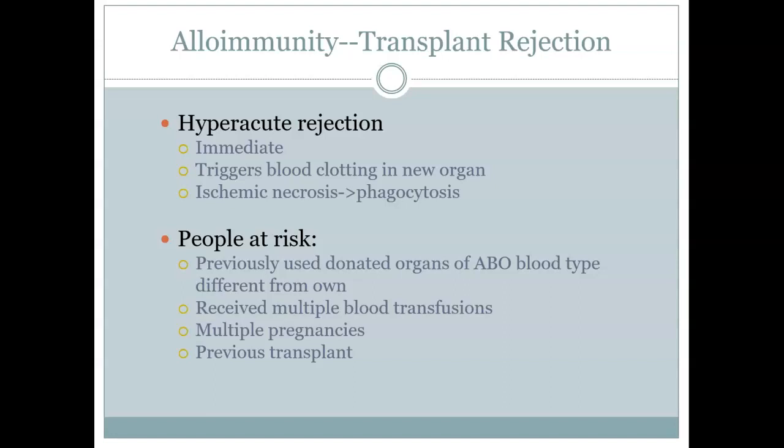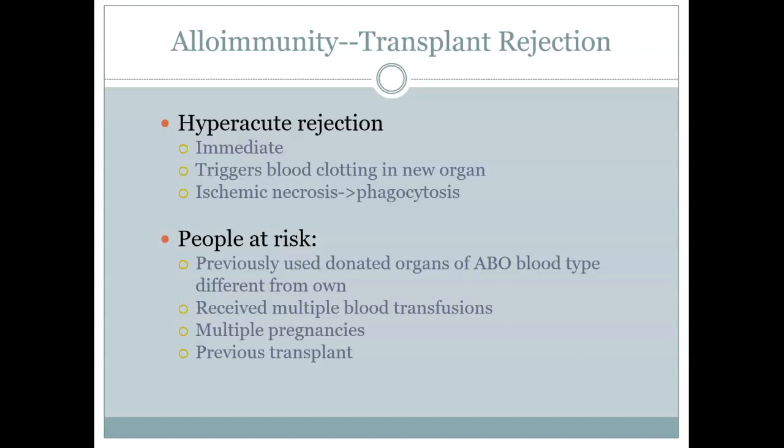So you can have a hyperacute reaction that's very immediate. Your body will trigger blood clotting in that new organ, and when it triggers the blood clotting, it causes necrosis, and it causes the white blood cells to start attacking it and killing that organ.